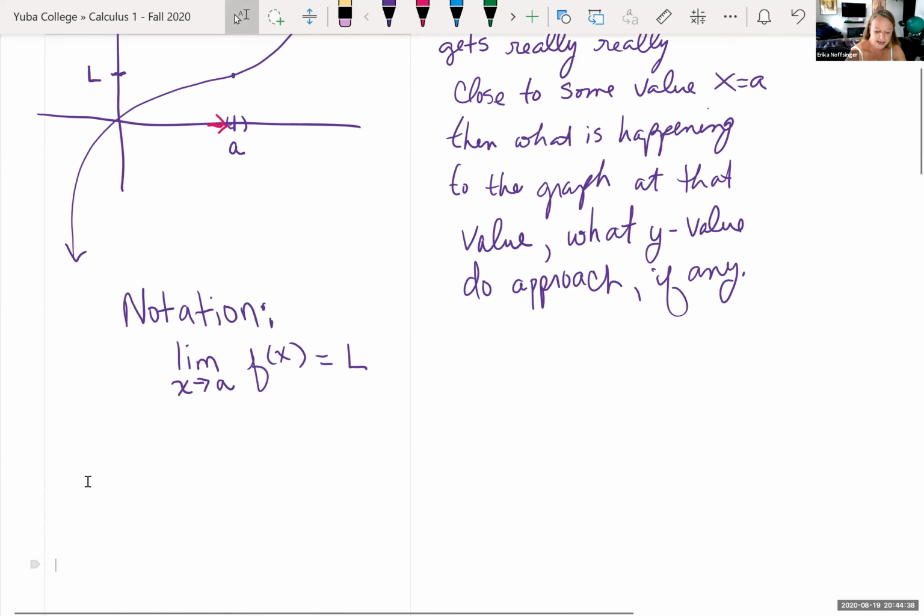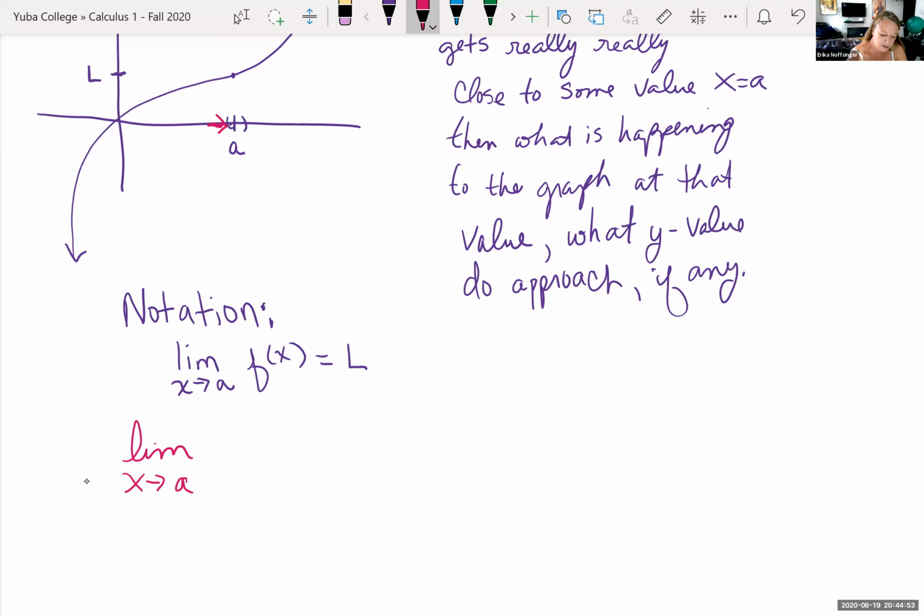So if I was looking at this piece of the graph of what's happening on the left of x equals a, I would denote that with the limit, LIM, underneath, x is approaching a. But to notate that I'm coming in on the left, I'm going to put what looks like an exponent, or a superscript of a negative, of f of x.